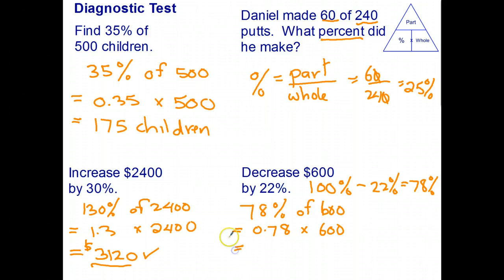Once again, I'll use a calculator for that. 0.78 times 600 is $468. Okay, let's go ahead and see how you went on the next page.